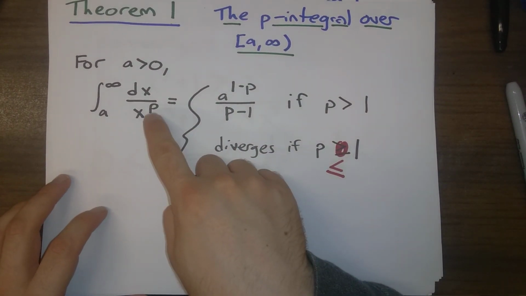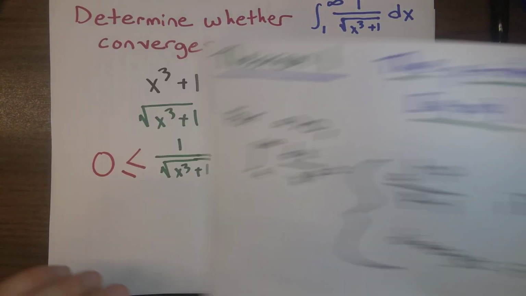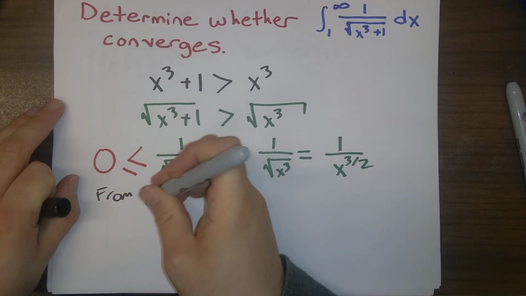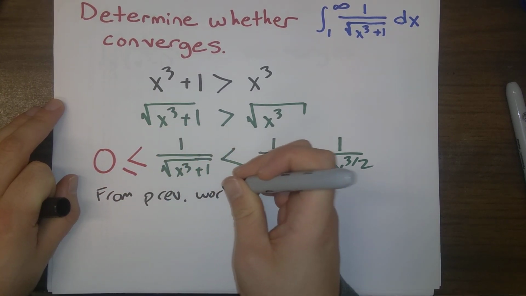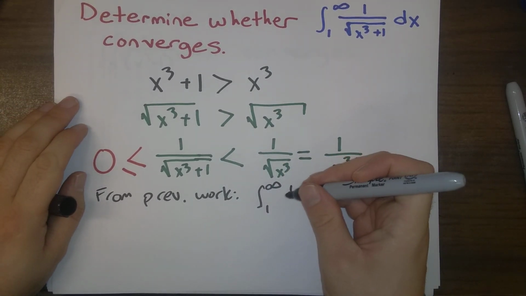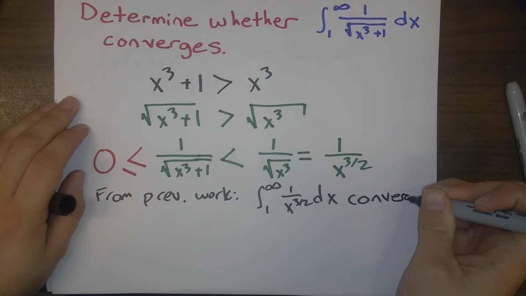So if p is 3/2, it converges. From our p integral theorem, the integral from 1 to infinity of 1 over x to the 3/2 dx converges.